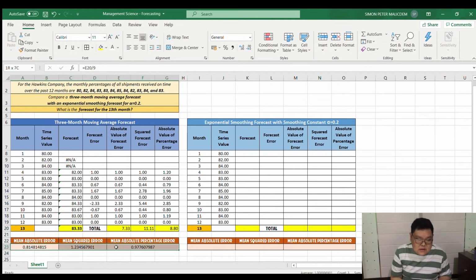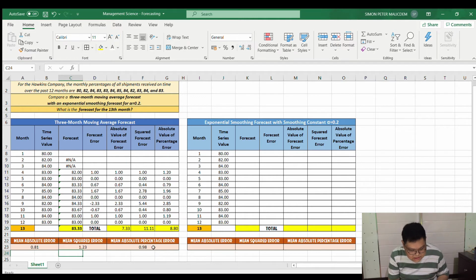To make it 2 decimal places, rounded up to 2 decimal places, let's decrease the decimal. So, there we have it. Our mean absolute error, mean squared error, and mean absolute percentage error.